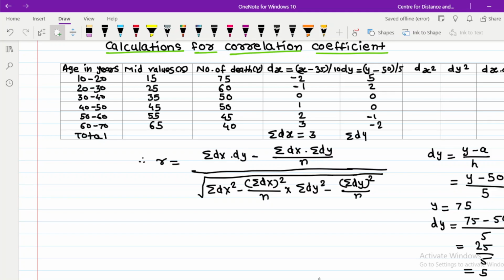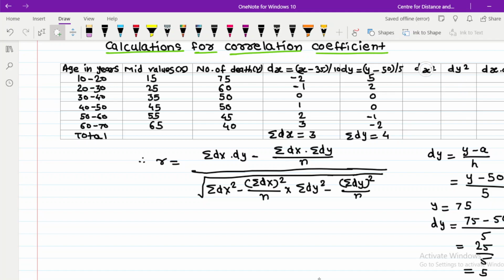Here summation dy, that is 5 plus 2 is equal to 7, 7 minus 1 is equal to 6, 6 minus 2 is equal to 4. That is, summation dy is equal to 4.